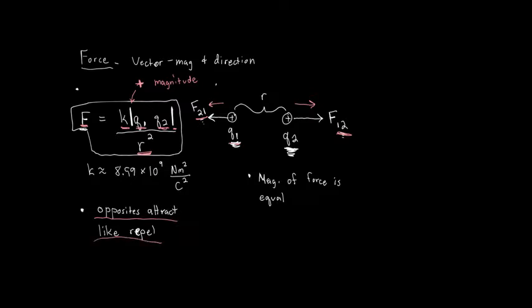So I know that the force of 1 on 2 is going to end up being positive because I figured out the direction of my force based on the sign of these charges. Now the force of 2 on 1 is going to end up being negative because it's acting to the left. It's acting in the negative x direction. And I got that by using the relative direction that charge 1 was going to move based on charge 2 having the same sign.